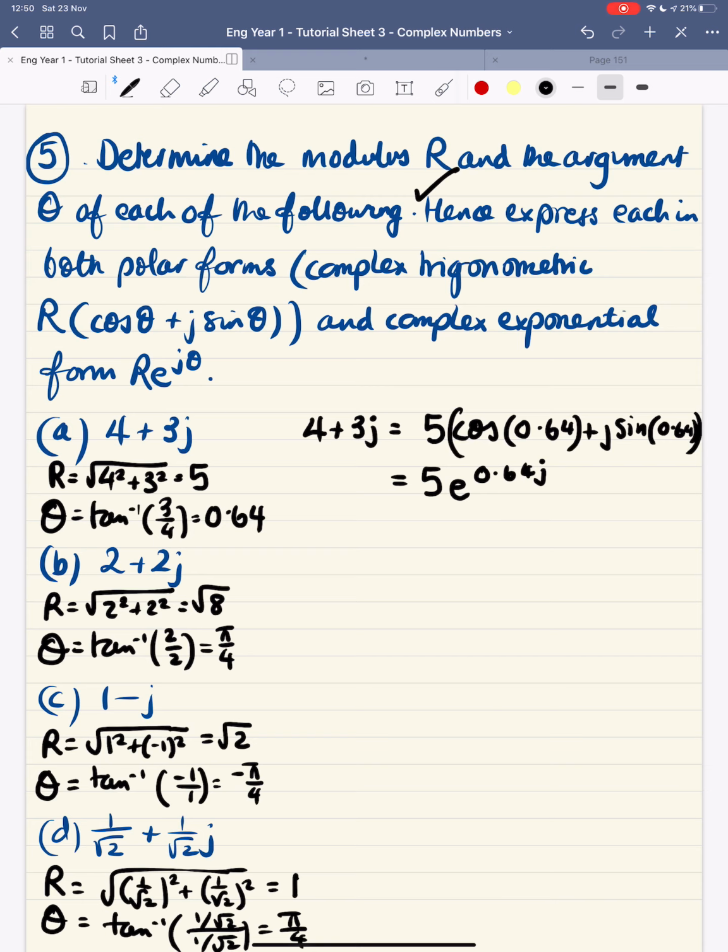I'm just going to expand this a little bit more, to get this as an exact answer from over here, then do 5 times cos of that, plus 5 times j sine of that. So what's tan inverse of 0.75, and that's answer. 5 times cos, answer.